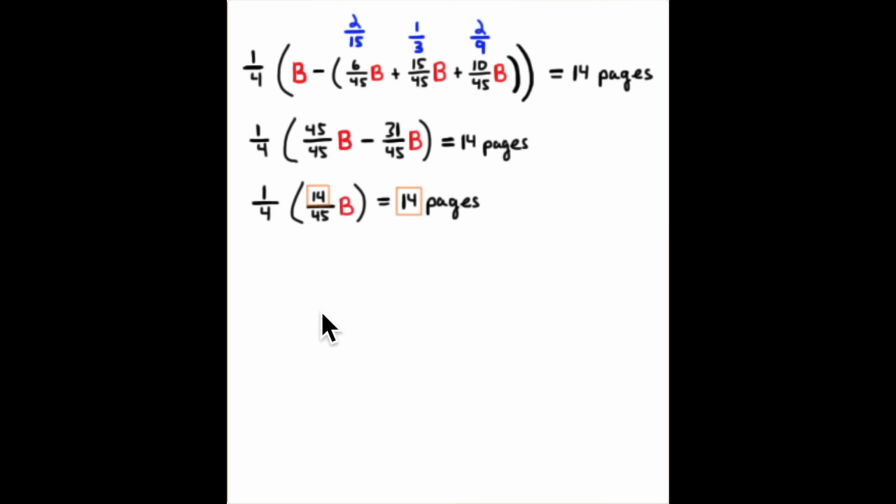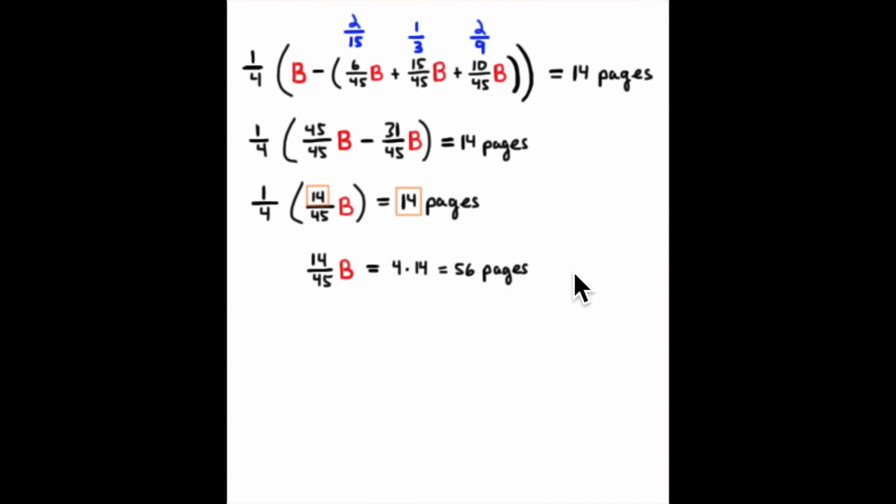It's 1/4, that means 4 times the 14 pages is going to be the 14/45. It's a little bit tough to follow, a lot of words. 14/45 of the book is equal to 4 times these 14 pages. So that equals 56 pages. Go back to the drawing and you'll see that. So this last part, 14/45, is equal to 56 pages.